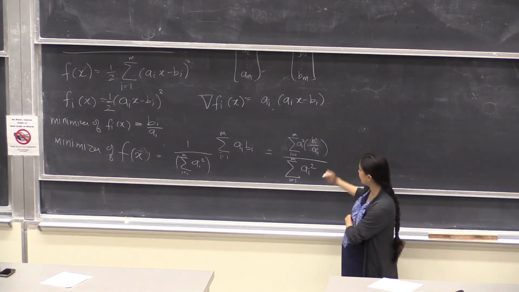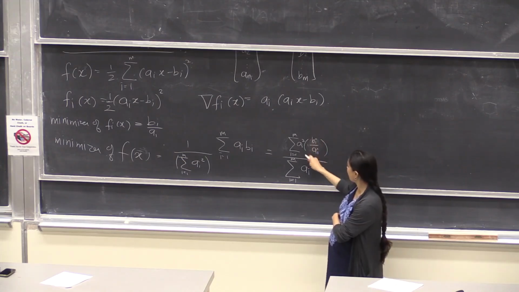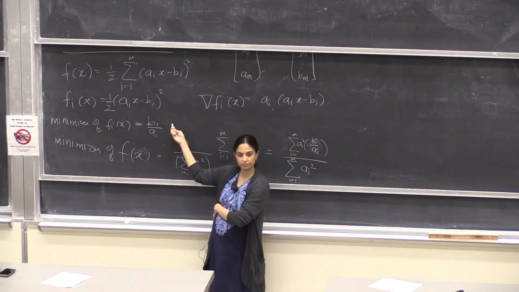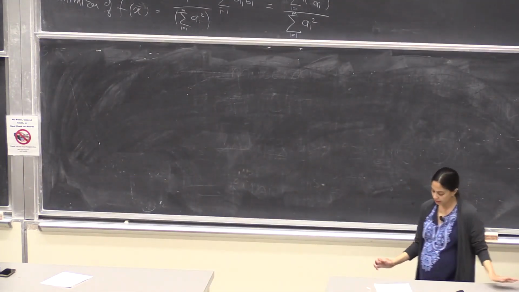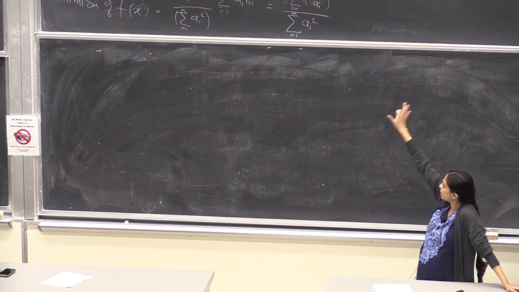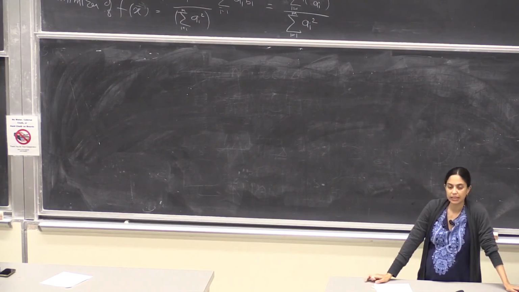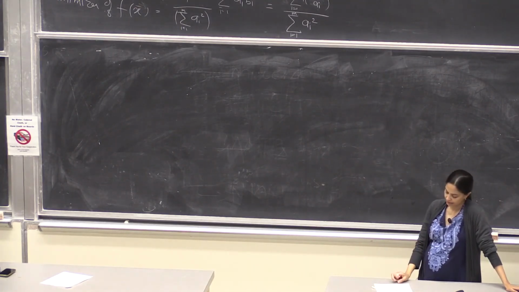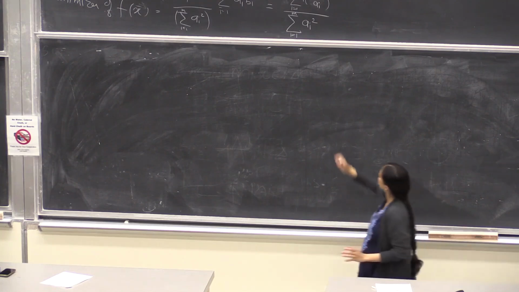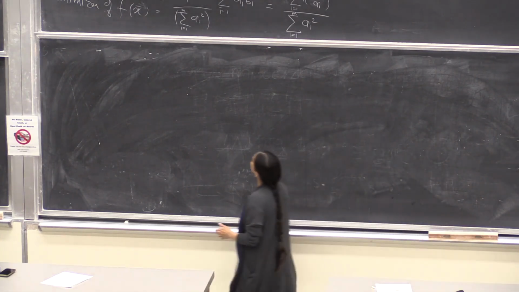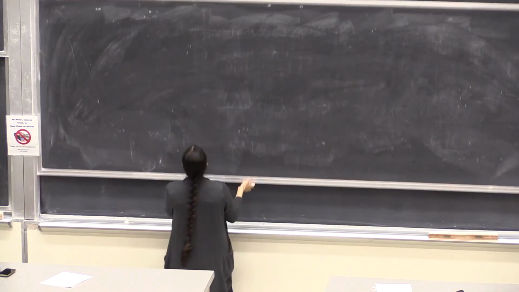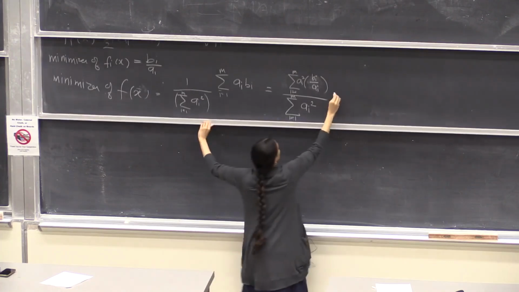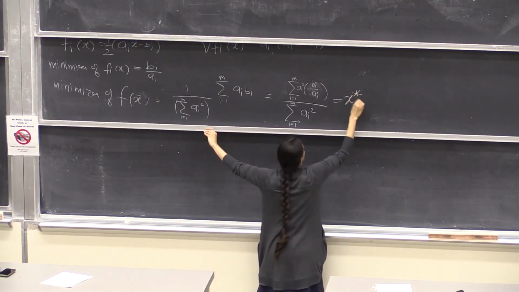I'm connecting basically, I want to bring this b_i over a_i into this picture, the minimizer of f_i of x. What I want to observe in this setup is that there are actually some relationships between all of the quantities being considered here. In particular, this minimizer of f of x, I should label it. Let's call this x star.